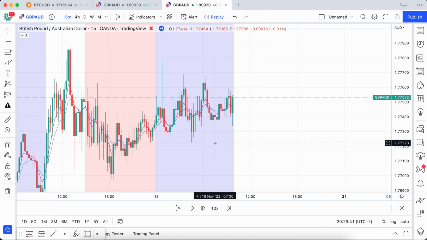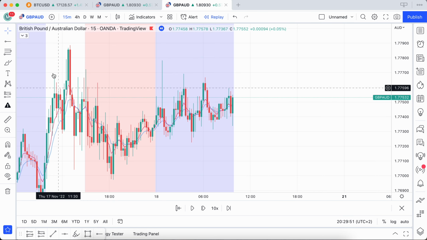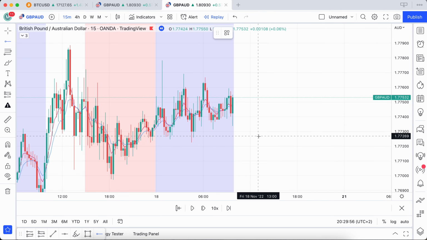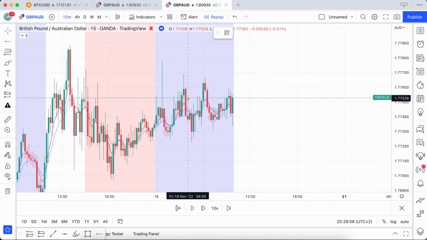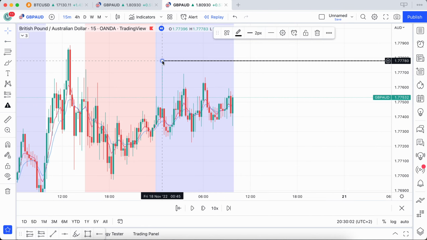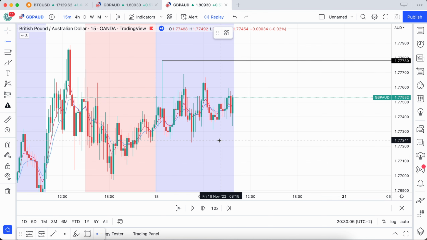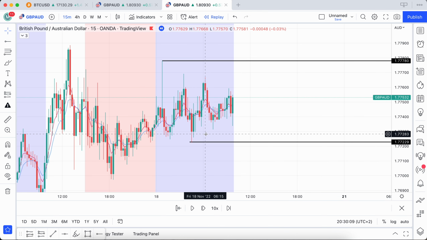So moments before the London session opening, you want to mark the highest point and the lowest point of the Asian session. You do that with the horizontal ray tool, with this one. You click on it, and we can easily see that the highest point of the Asian session was this spike right here, and the lowest point easily was this spike right here.